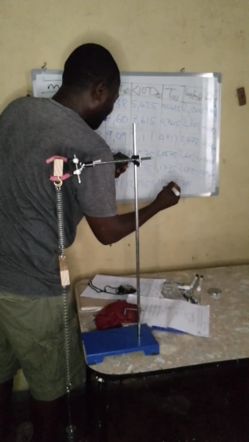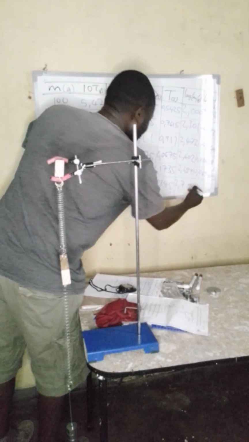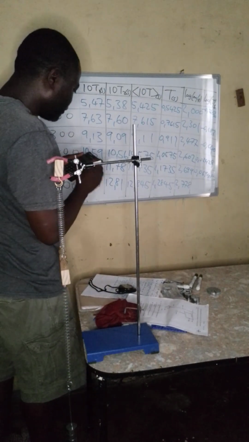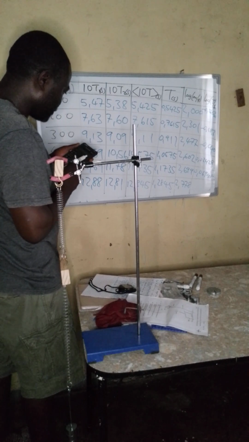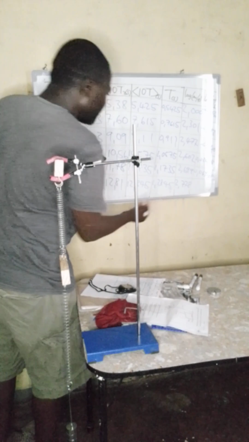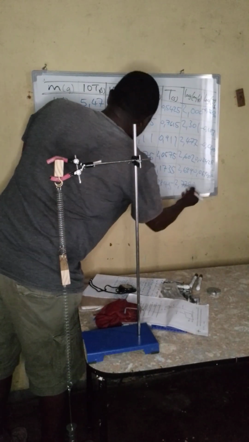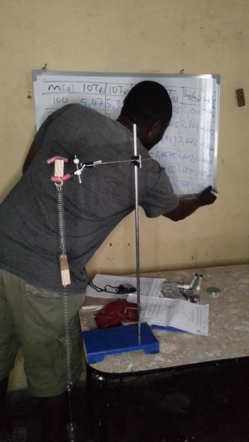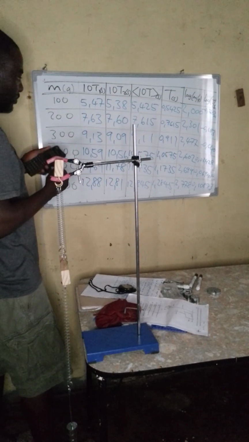Then logarithm of 1.2845, with 5 decimal places, will be 0.10873. Right. That is our complete table.